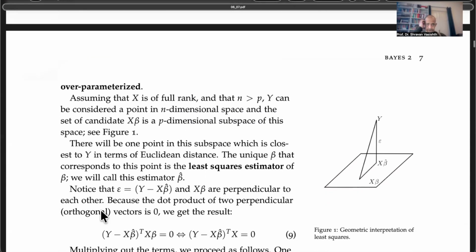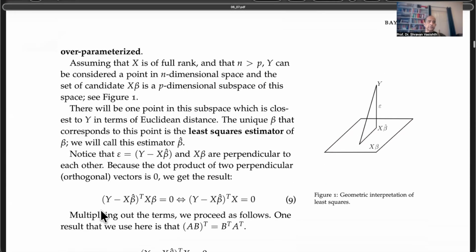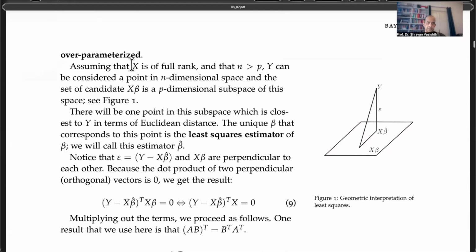All right. So in that situation, X is full rank and we have n larger than p in this setting. The vector of data can be considered a vector in an n-dimensional space. This is the vector y, and we have a subspace here that is X beta.